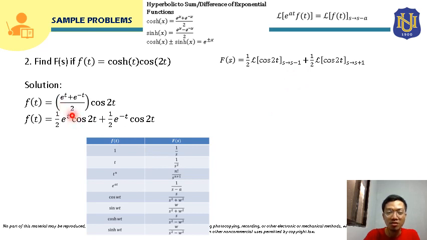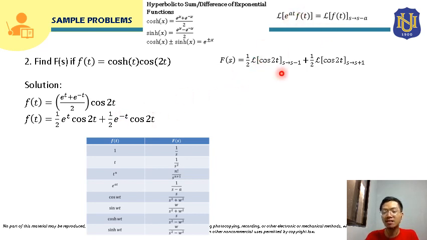Why? Because there's an e raised to t here. This is a product, yes, but there's e raised to t here, so we can apply the first shifting theorem. So our f of t here will be cosine 2t. Same here, since we have e raised to negative t, that's the requirement for us to be able to use the first shifting theorem. So the f of t here will be cosine 2t.